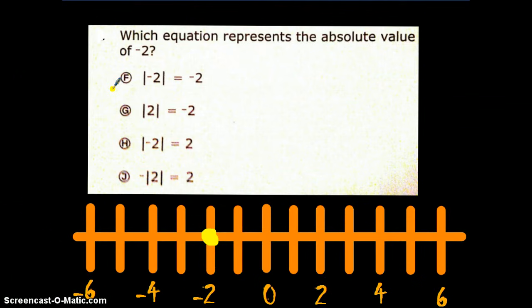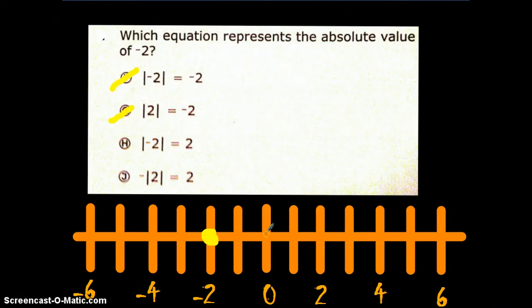So right away we can get rid of answer choice F and answer choice G because both of those answers are negative. So we're left with H and J. Let's look at H. We would read H as the absolute value of negative 2 is 2. And this is how we would read J. J would say the negative absolute value of 2 equals 2.